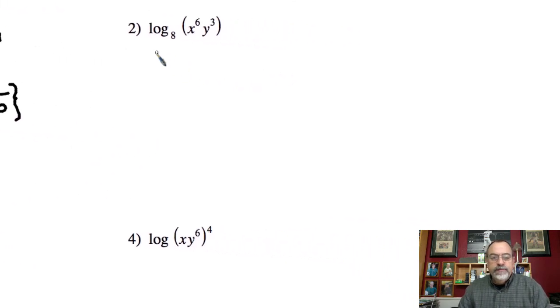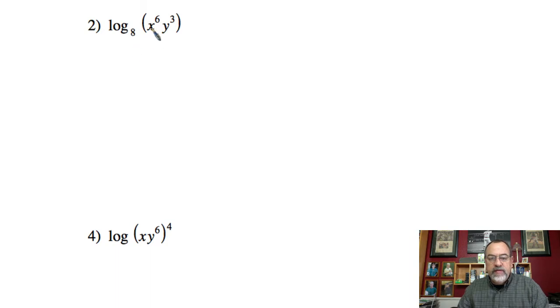Okay. In our second example, again, we have a number being multiplied by a number, and we also have a power to it as well, so we're going to apply both properties. So the log base 8 of x to the 6th, that number is going to be added to the log base 8 of y cubed.